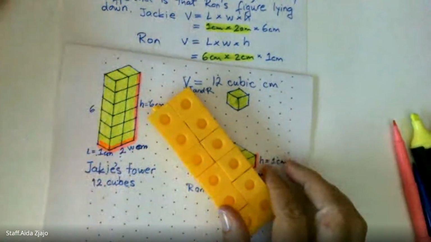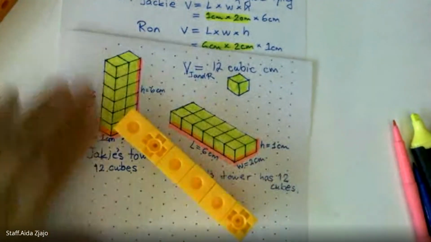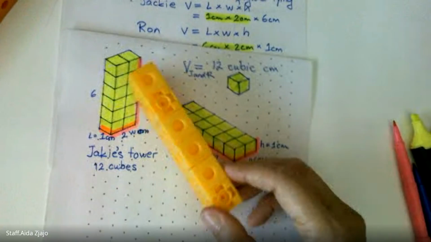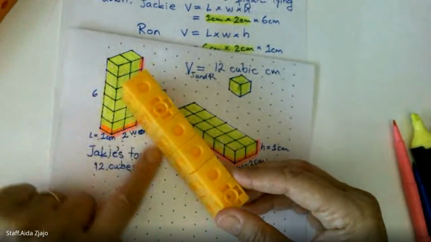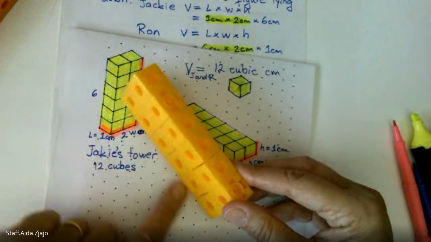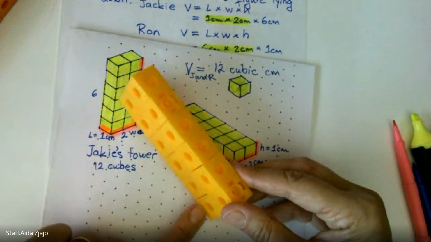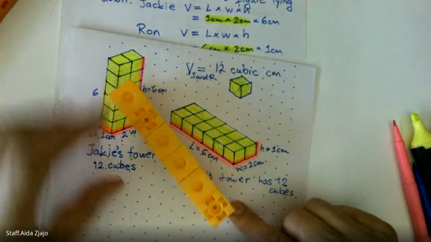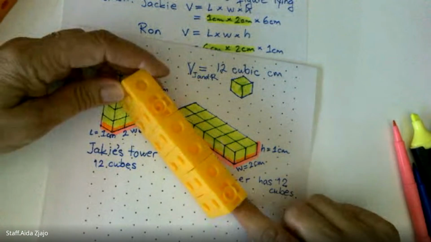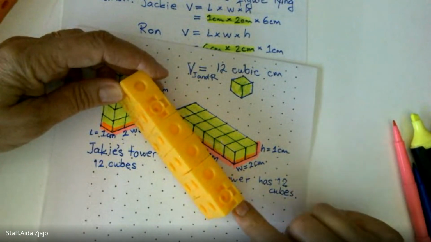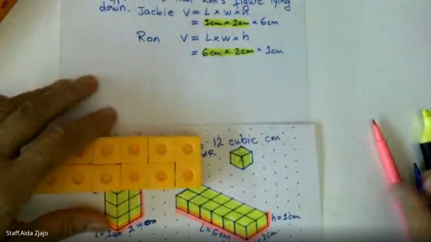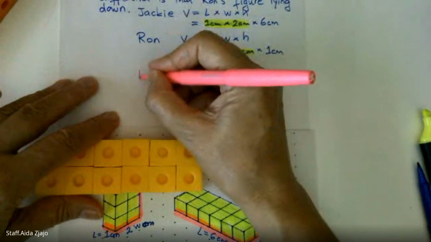What if I make my own and put my shape this way? The length is going to be 6, the width only 1, and the height 2.